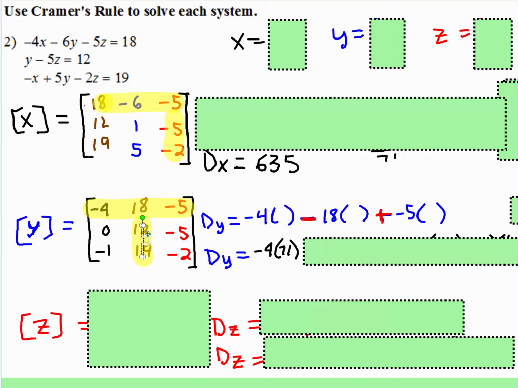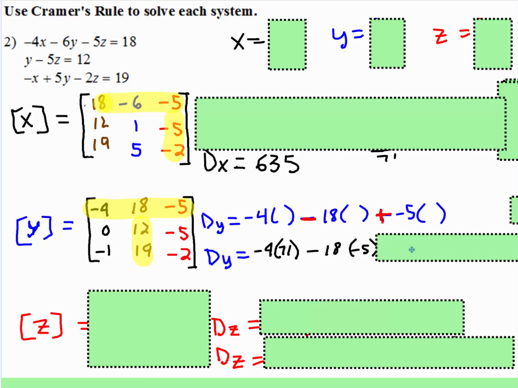Then you move this over. 0 times -2 is 0. Subtract -1 times -5 is positive 5. So 0 subtract 5 is -5. So -18 times -5. And then finally, 0 times 19 is 0. Subtract -1 times 12 is -12. Subtract a negative is like adding a positive.